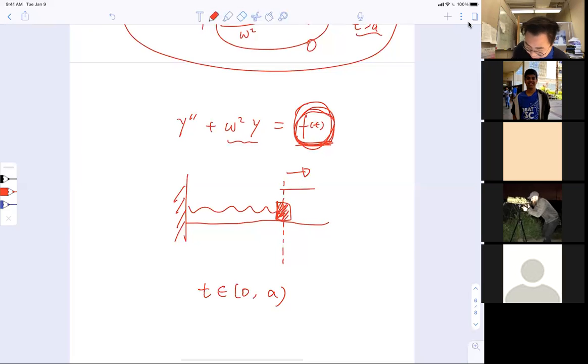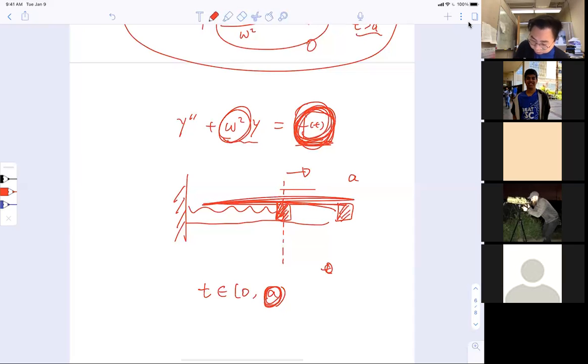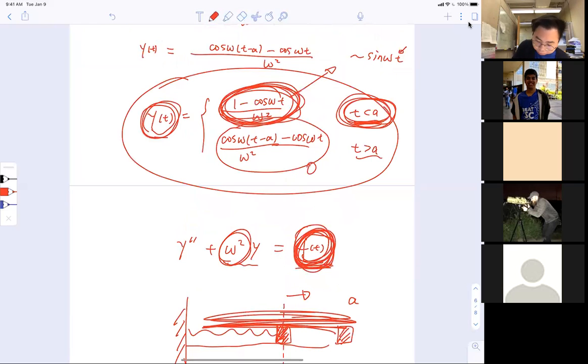After time a, if you set this force to be 0, meaning that there's no external force, but there's still a spring force. So for example, at time a you're at a position somewhere here, then there's no external force, but there's still spring force. So it will start to oscillate. So the position should be non-zero.